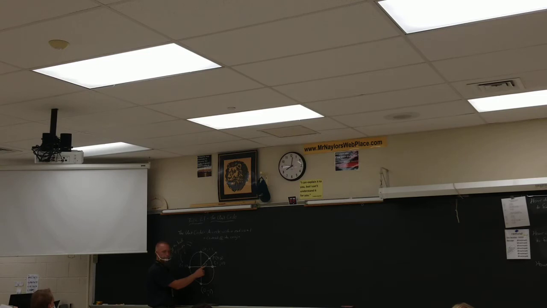Any theta, any angle is going to intersect this unit circle. It's going to intersect it at a unique point, x y. In other words, if I rotate to another angle, there's going to be another point. And here's the thing. That's the only point that will go with that angle. In other words, every angle has a unique point.